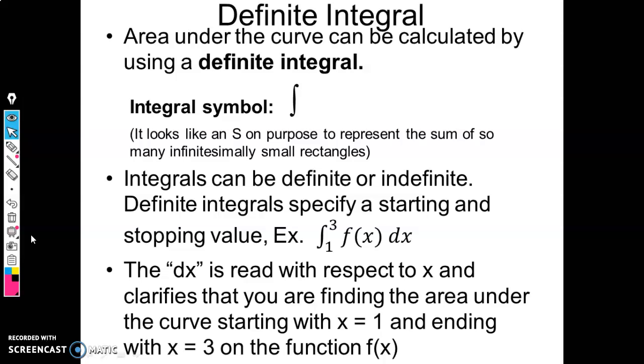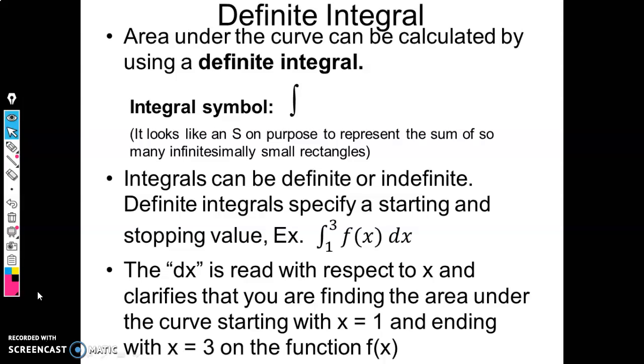But there's actually a better way to find area under a curve, and that is with something we call the integral. The integral is better when you can't get an exact answer. This is the symbol for a definite integral. It looks like an S because you're summing a bunch of infinitesimally small rectangles. The smaller those rectangles get, the better.